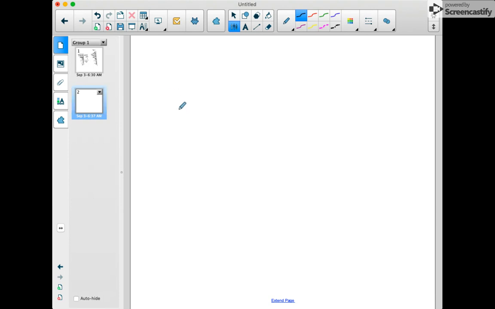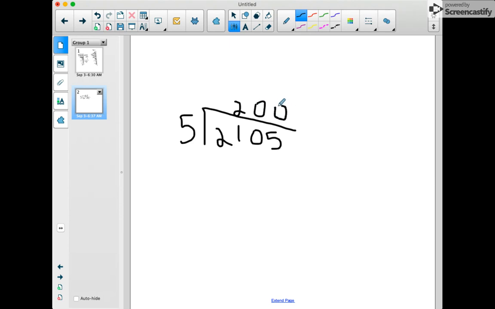So when you have to find a different way to divide 2,105 by 5, you can start with any other number. So for example, originally we started with 400 times, but we could also start with saying 5 times 200, which would give us 1,000.